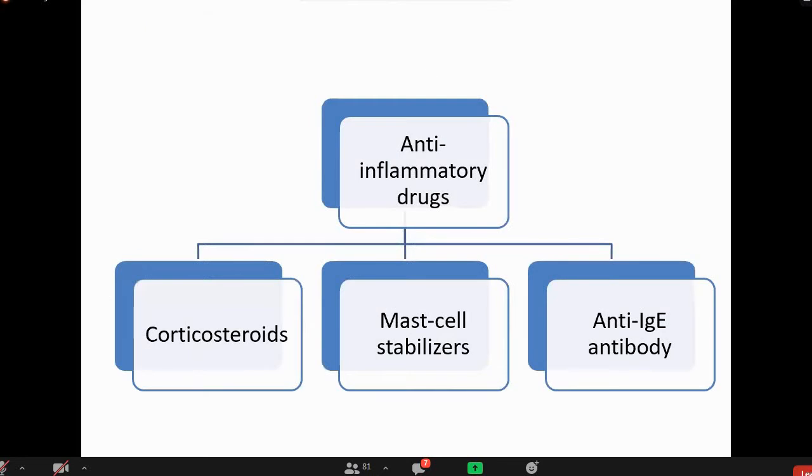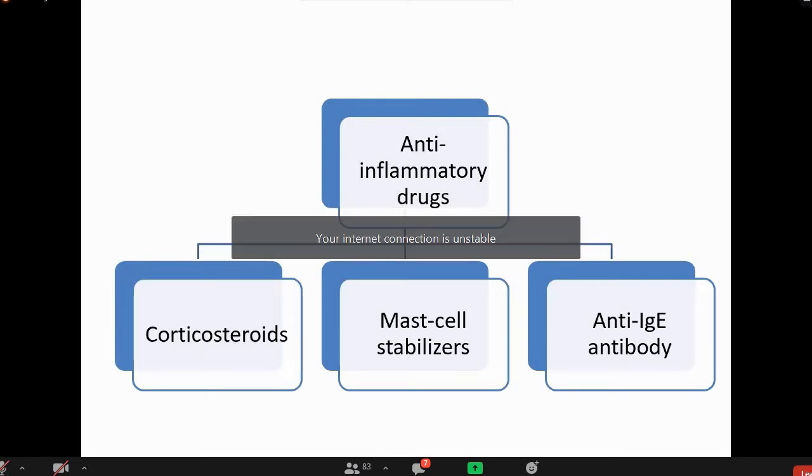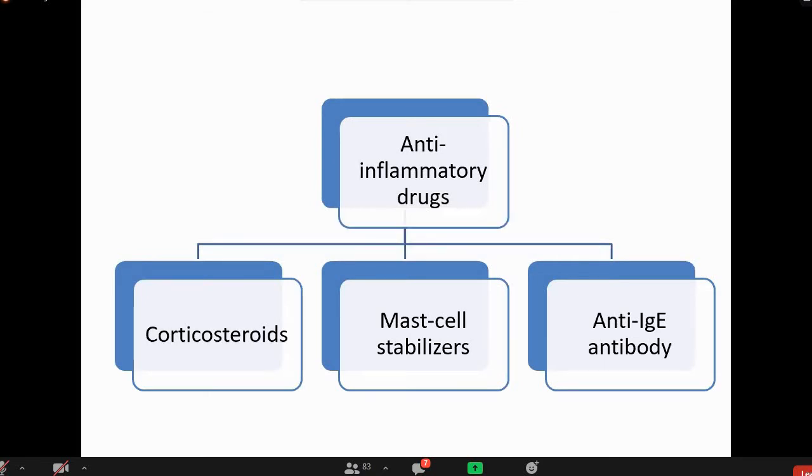Now, I am going to repeat again that we have two problems, bronchoconstriction and inflammation. So to reverse the bronchospasm we use bronchodilators, right? And for controlling inflammation, we use anti-inflammatory drugs, right? So as anti-inflammatory drugs, on top, the major group is the corticosteroids, that is also labeled as glucocorticoids, right?